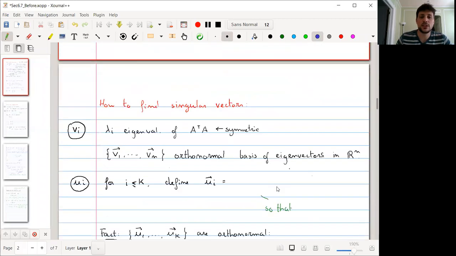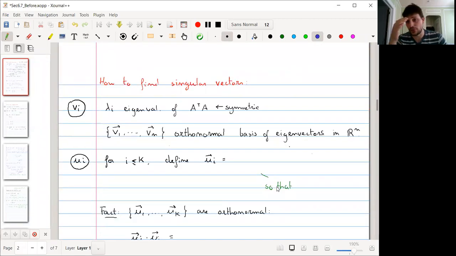Now, the next question is, how do we find the singular vectors? Well, singular vectors mean we have to find two sets of vectors, the vectors vi and the vectors ui. So finding the vi is relatively straightforward. We have the eigenvalues of the matrix A transpose A, and this matrix is an n by n matrix.